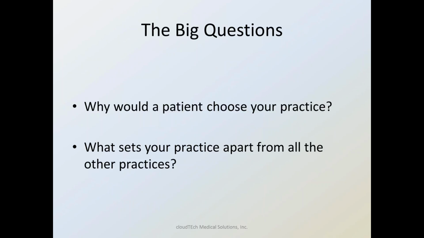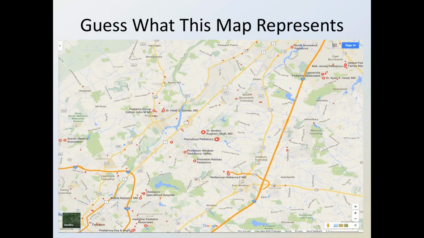Now, I'm showing a map that is a representation of a search that I did for a pediatric practice. This is a search that was done for Plainsboro Township, New Jersey, for a pediatrician. You'll see a lot of red dots on this screen. To get an understanding of the screen itself, if you're standing in the center of this map, it is 9 miles to the top, to the bottom, to the right, or to the left.